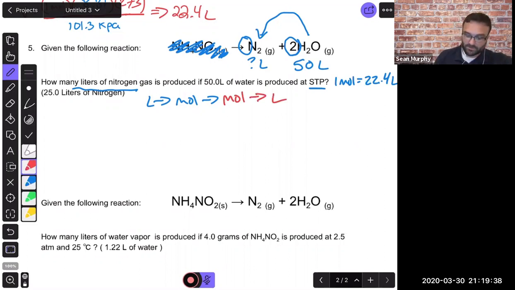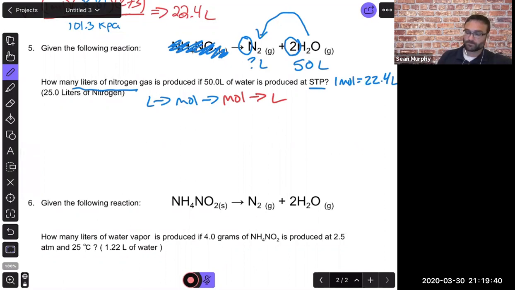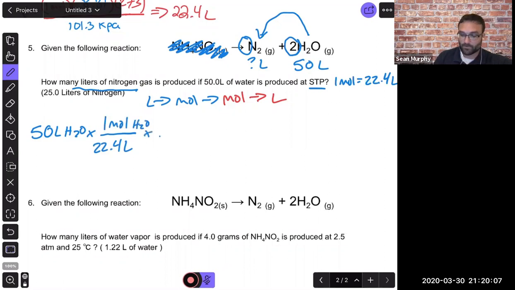Let's go back to blue, our starting material. So we start with 50 liters of H2O. Now this problem is a little bit redundant because we're going liters to liters at STP, and you'll see it in a second. Liters is on top, liters gets to go on the bottom, and we're going to use 22.4 liters for every 1 mole of H2O. Okay.